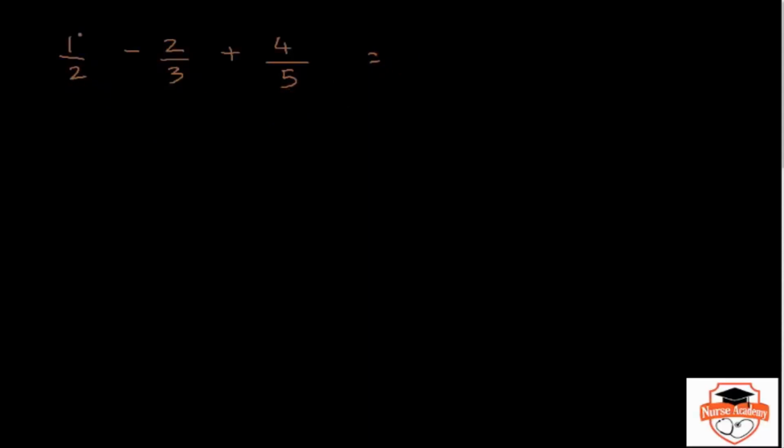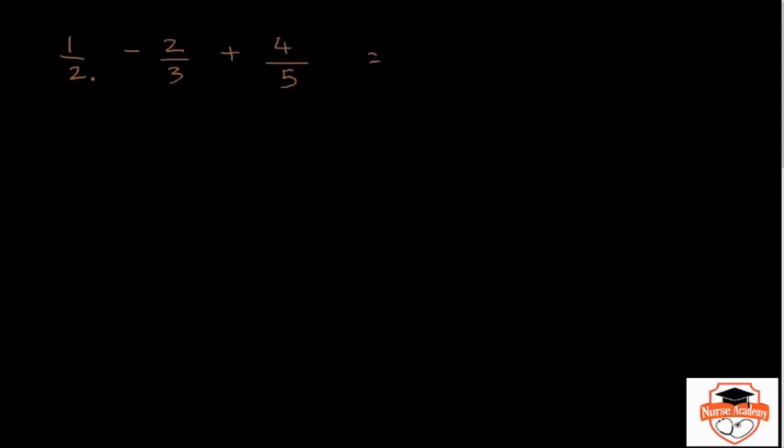That is to say, find the least common denominator or the LCD of the 3 fractions. In other words, find the LCM or the least common multiple of 2, 3 and 5. Well, the LCM of 3 and 5 is 15, but 2 doesn't go into 15. Therefore, you can't change these numbers to 15. The next best option is 15 times 2, which is 30. 5 goes into 30, 3 goes into 30, and 2 goes into 30 as well.